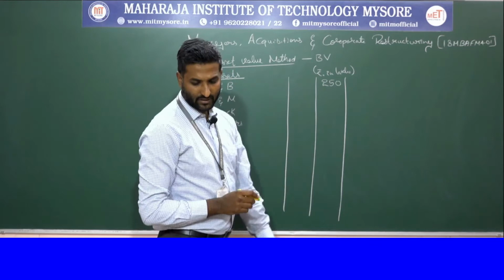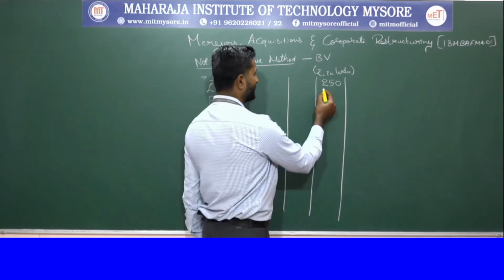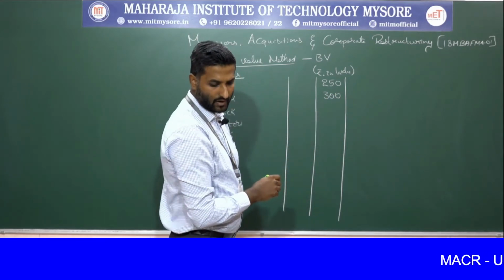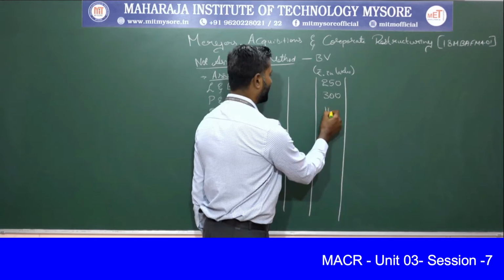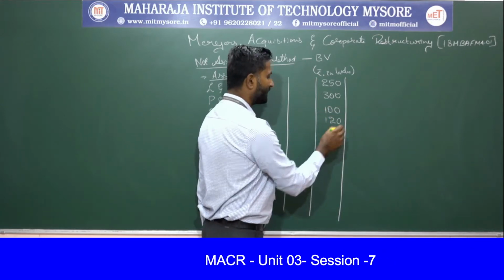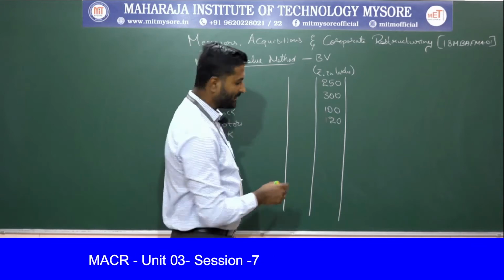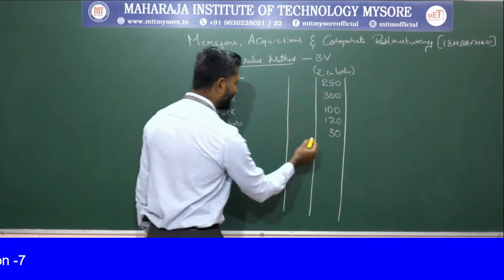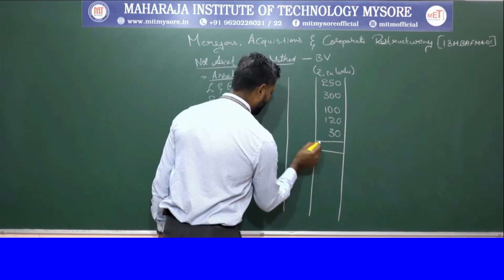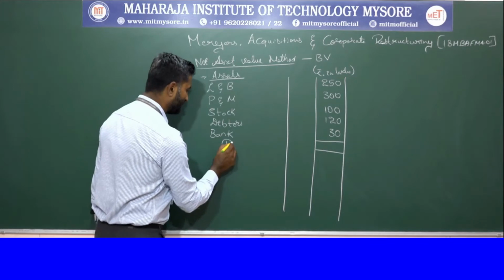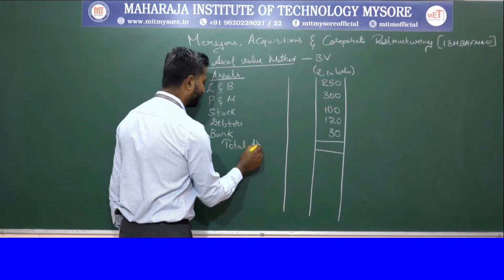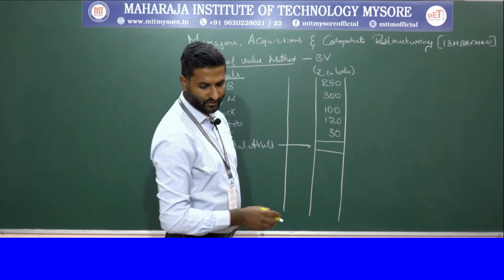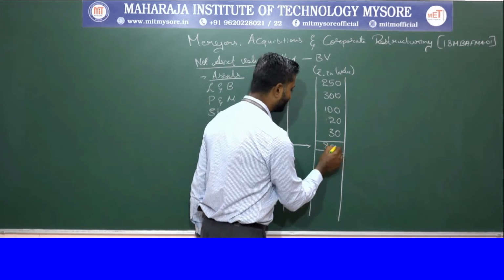Land and building is worth 250, plant and machinery is 300, stock is 100, debtors is 120, and cash at bank is 30. So the total assets amount to rupees 800 lakhs.